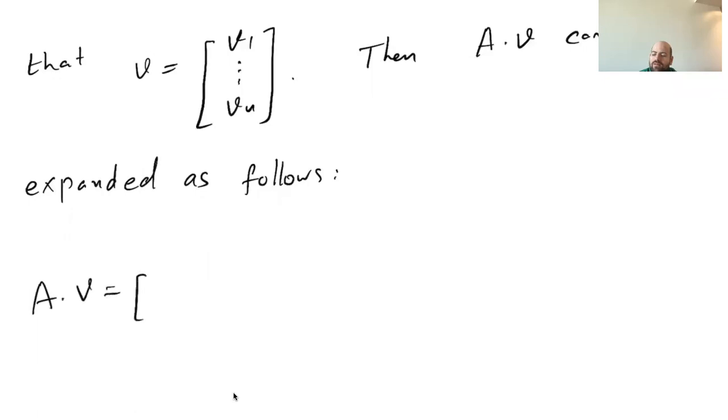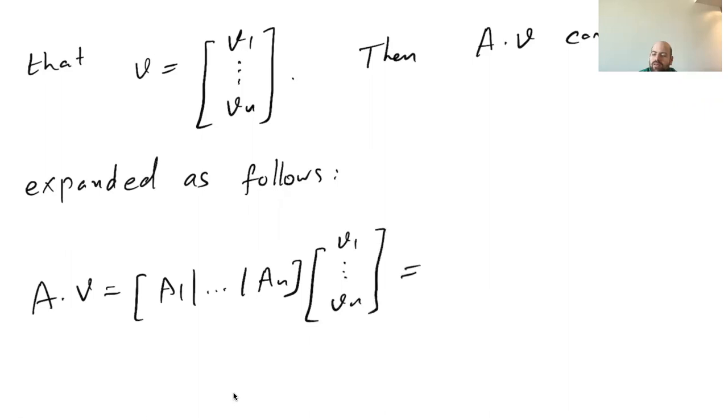A times V equals A1 to AN times V1 to Vn, and we can write it as A1 V1 plus A2 V2 all the way to AN Vn. So this matrix times vector can be expanded this way: A1 V1 plus A2 V2 all the way to AN Vn.